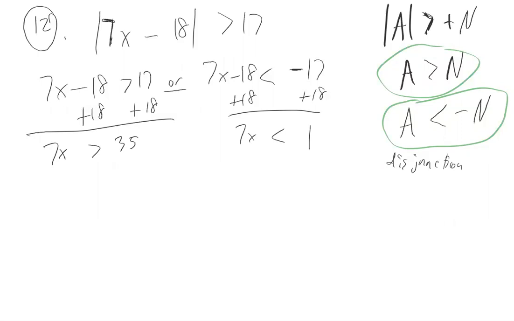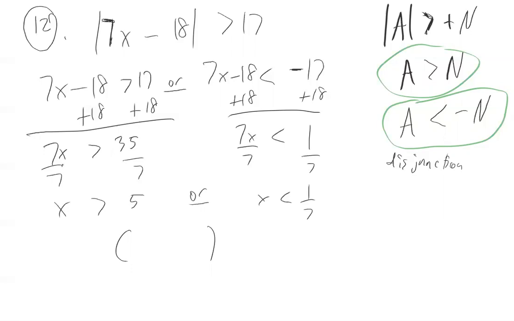If I divide by 7, x is greater than 5. And if I divide by 7 again, I get x is less than 1/7. It's still "or" between them, because remember, it's not possible to be bigger than 5 and less than 1/7 at the same time.